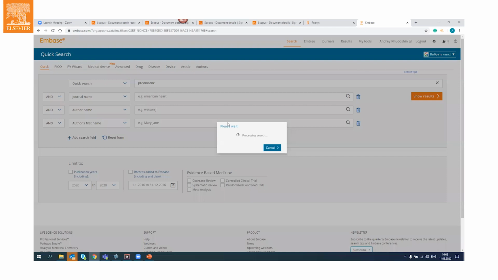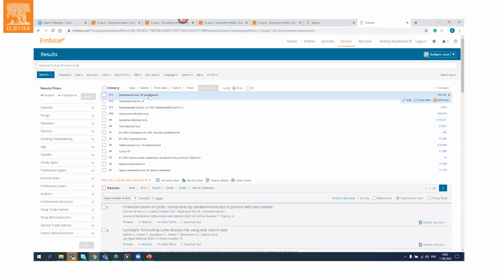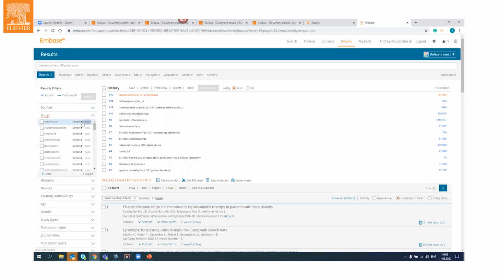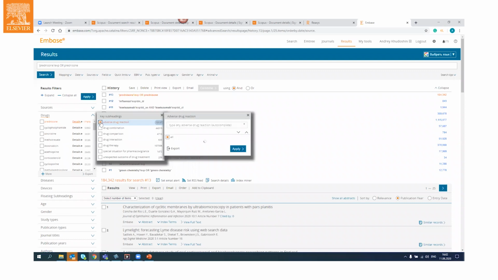It automatically connects synonyms and searches really very broadly. We found around 200,000 articles. And from here, we see prednisone, and we can get the list of adverse drug reactions of prednisone.